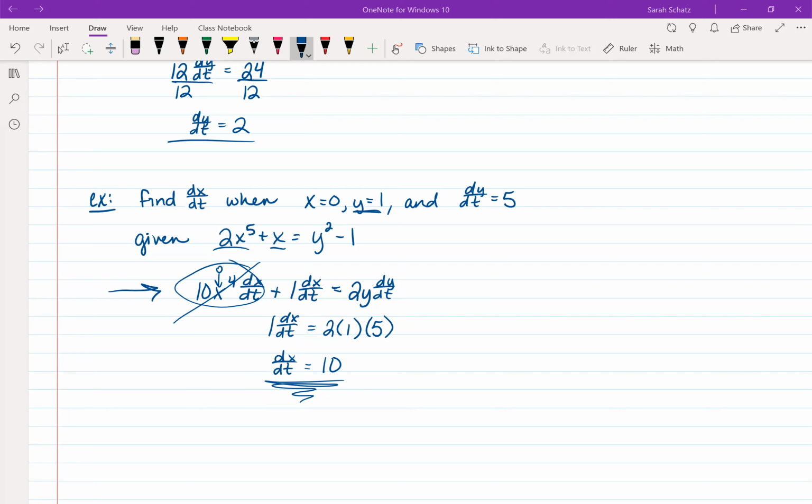Let's do one that has the product rule in it. Let's look at how the product rule works when we're doing related rates and everything gets a dt. So I want to find dy/dt when x equals 2 and y also equals 2.